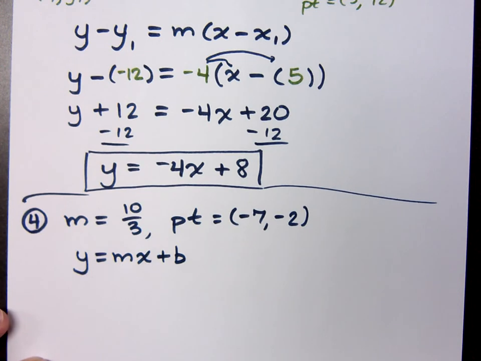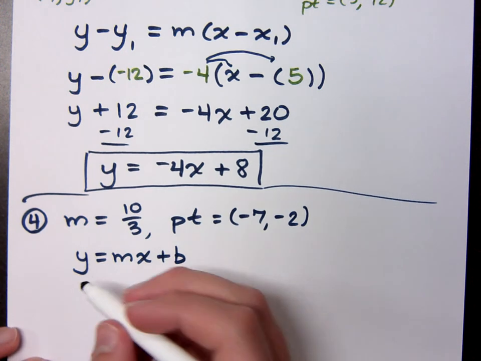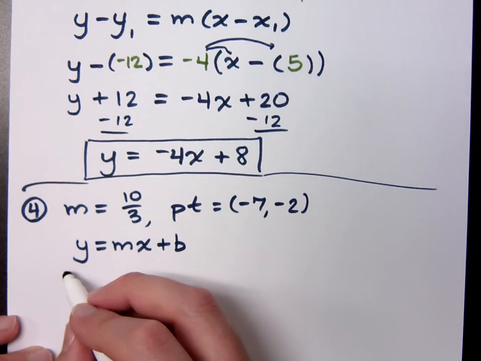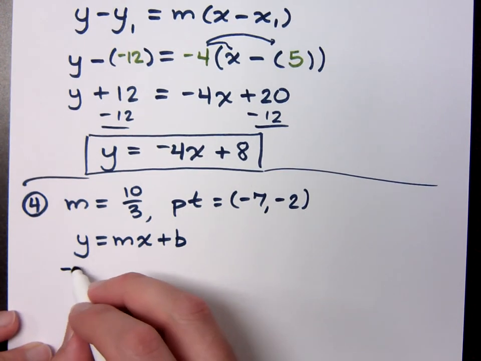Trying to get b, which is for the y-intercept. So let's plug in what I know.